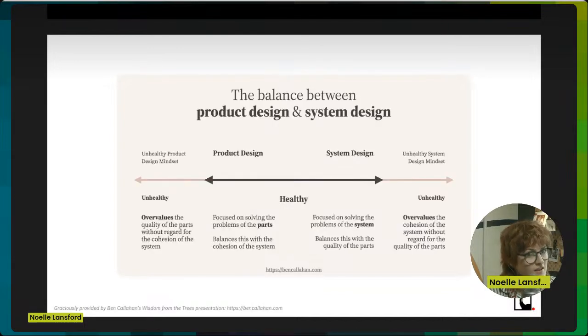And this will look very familiar, right? To what we just saw of the balance between those two things and how to have a healthy balance between that. So definitely check out his talk tomorrow. That'll be great to continue thinking about how designers on both product and design systems can work together, utilizing those different parts of their brain.